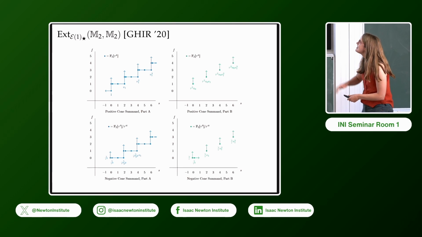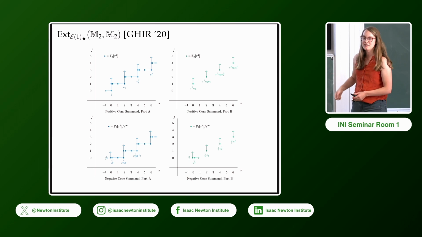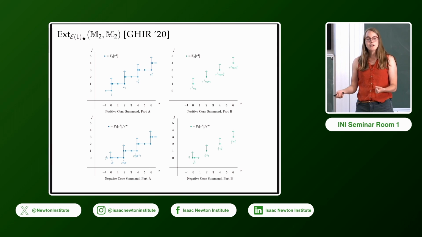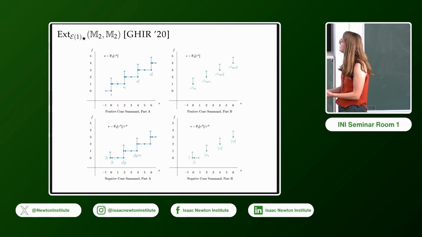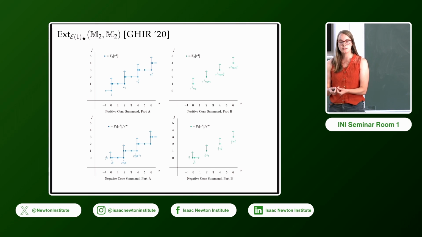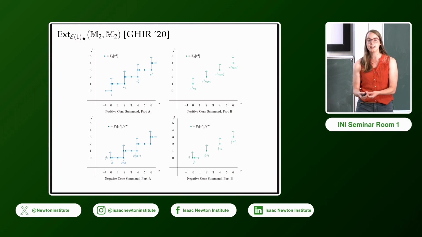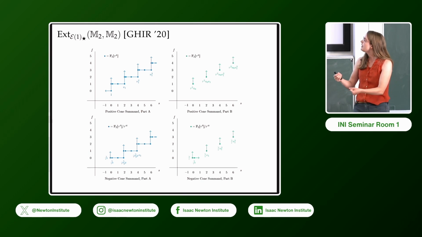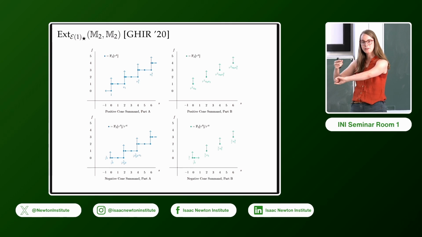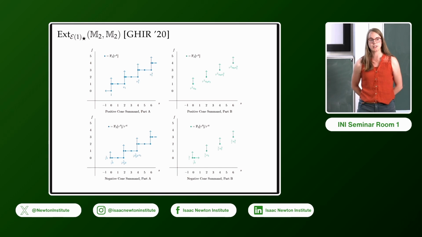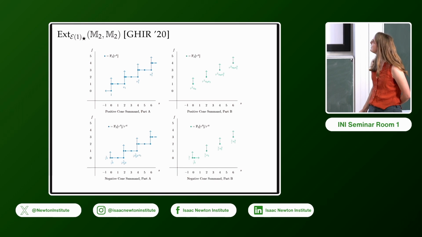Now to simplify things, you can always just focus on positive cone summand part A, and this also recovers the classical non-equivariant KU splitting, in that you can collapse all the multiplications by rho, just forget about those, and also set tau equal to 1, and then you would recover charts that match the non-equivariant story.